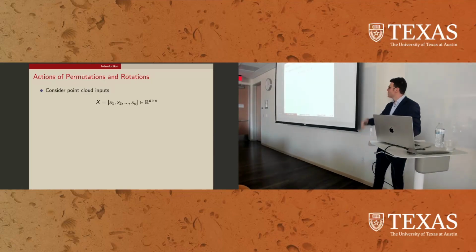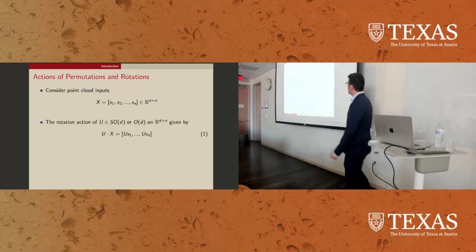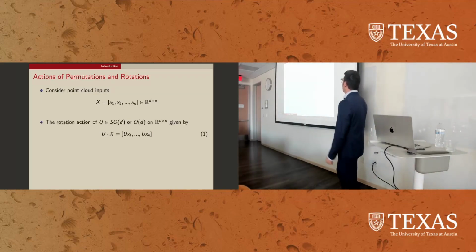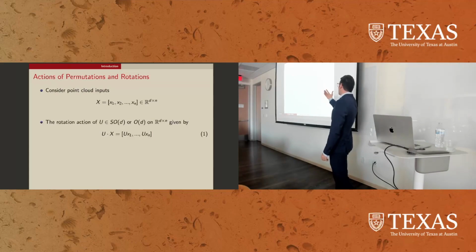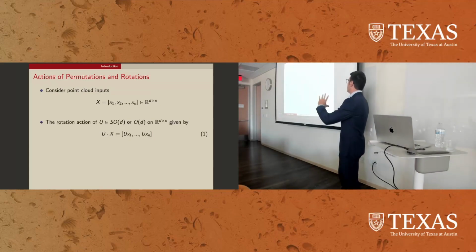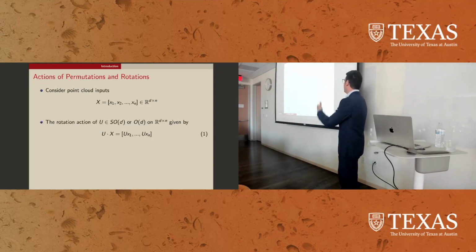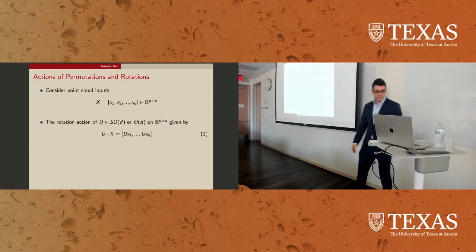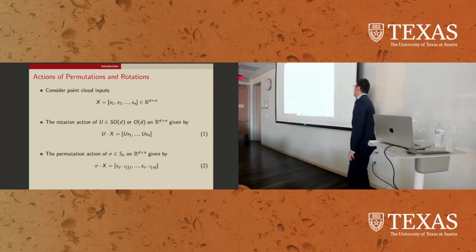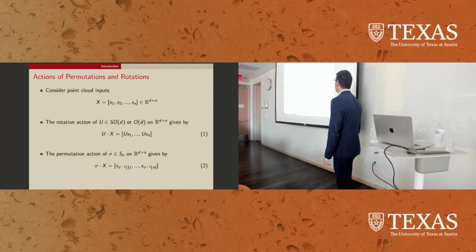Because these represent points in R^d, the symmetries that we're going to consider here are the actions of rotations or orthogonal transformations. By this I mean acting on the entire point cloud simultaneously, so just the right action on this matrix by an orthonormal matrix or rotation matrix, and the left action of permutation on this d by n matrix, which corresponds to permuting the points.